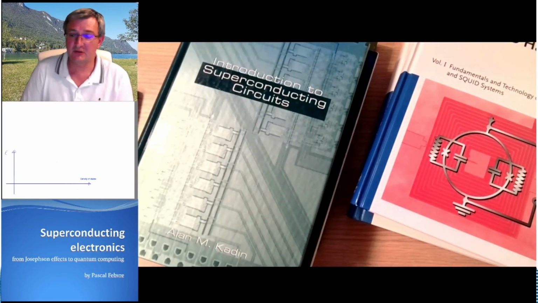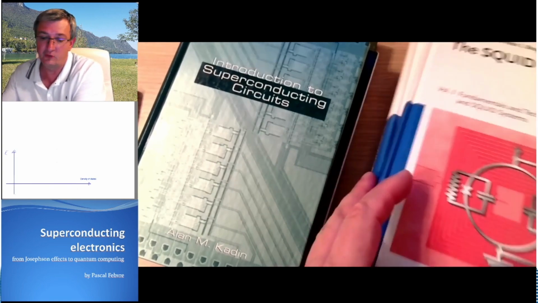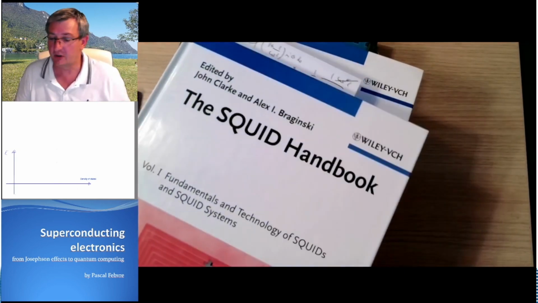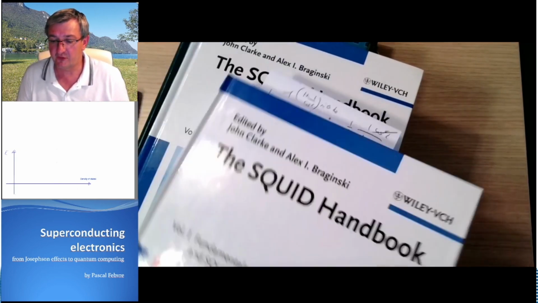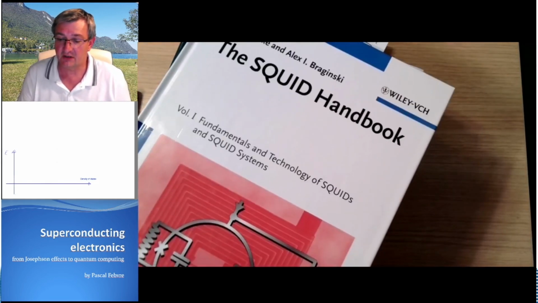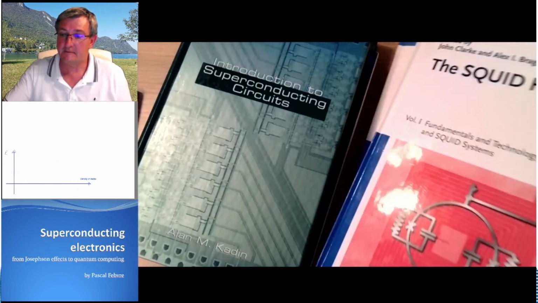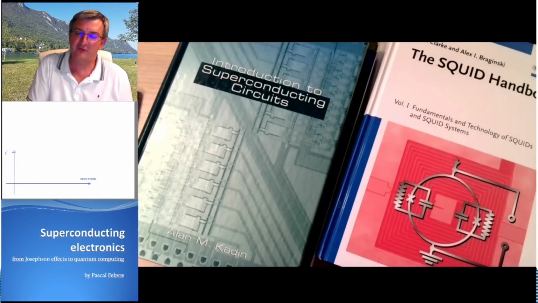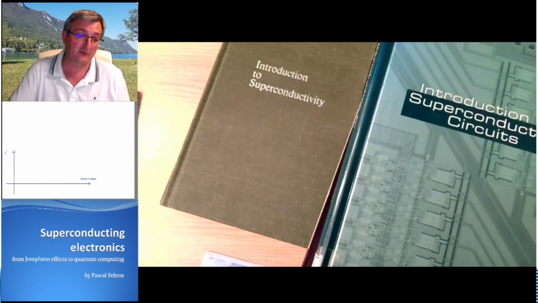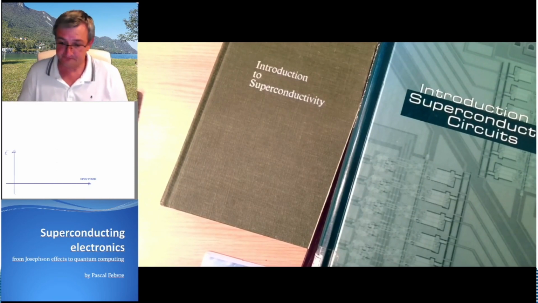And when I talk about SQUIDs, which I haven't introduced yet, you have really two volumes which are very important, called the SQUID Handbook. The first volume is about theory and fundamentals, the second volume about applications, by John Clarke and Alex Braginski, which I would warmly recommend. So these are a few books where you can find a lot of things. On my slides, I'll take a lot of examples and mostly pictures and figures from these books.